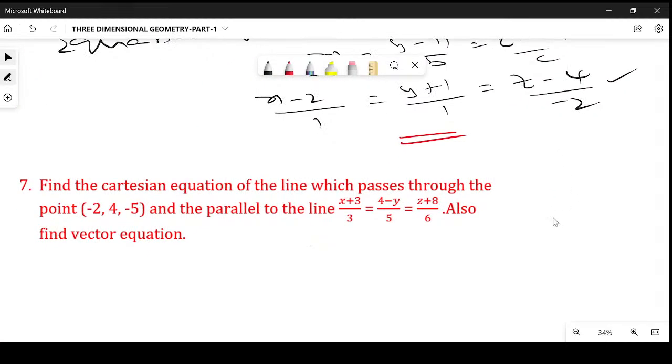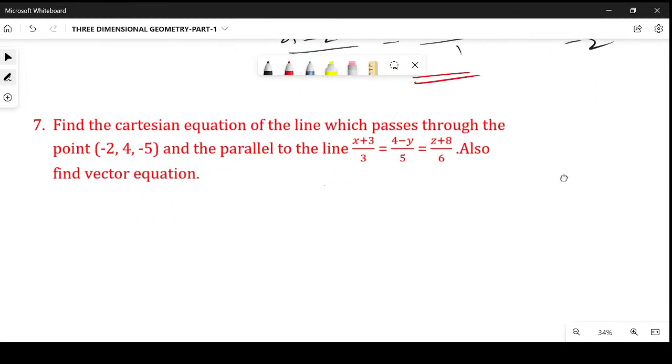Now see the 7th one. Find the Cartesian equation of the line which passes through the point minus 2, 4, minus 5 and parallel to the line x plus 3 by 3 equal to 4 minus y by 5 equal to z plus 8 by 6. Also find vector equation. They are asking Cartesian and vector, both they are asking. Passing through the point is given.